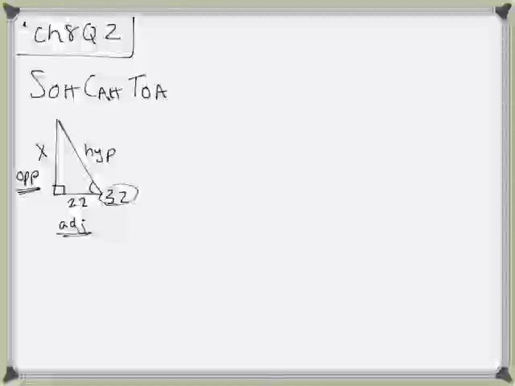So in this problem, we're looking at adjacent and opposite. So if we look at SOHCAHTOA, the trig that deals with adjacent and opposite is tangent. So we're going to use a tangent here. Tangent of 32, the angle always goes inside of the trig name. So we do the trig name, whether it's sine, cosine, or tangent, and then the angle equals, and tangent is opposite, which is x, over adjacent, which is 22.